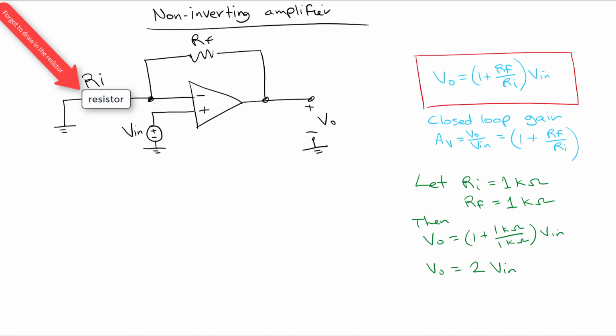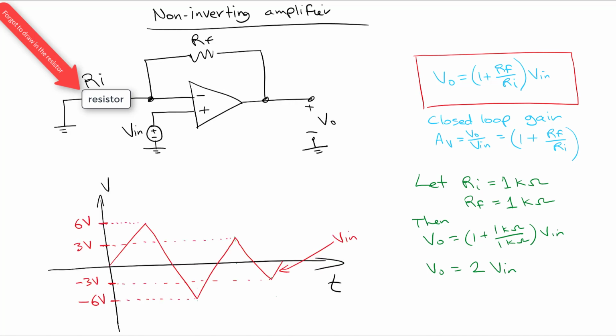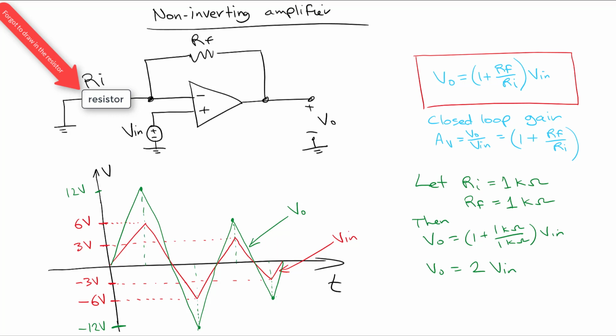If we give ourselves an arbitrary waveform, then we can see how this op-amp operates on that input waveform. All it does is scale it by a factor of 2. So where we had a peak value of 6 becomes a peak value of 12. They both cross at 0, of course, and it's just straight math.